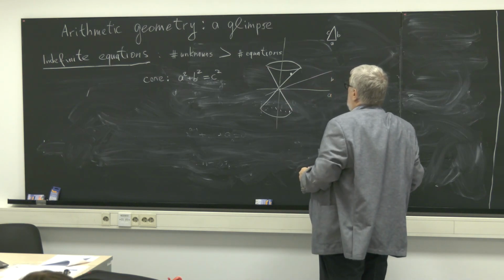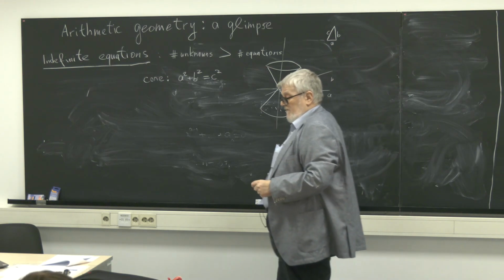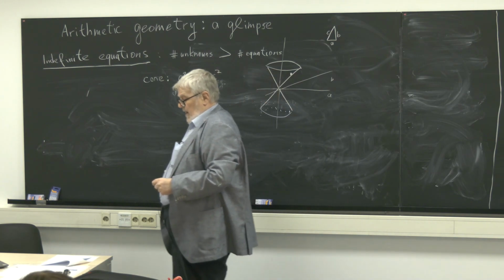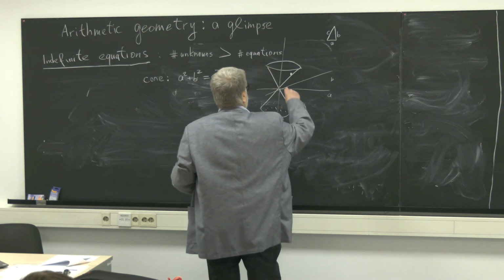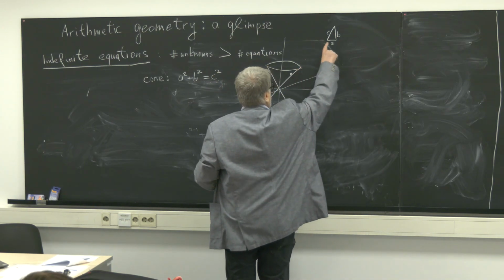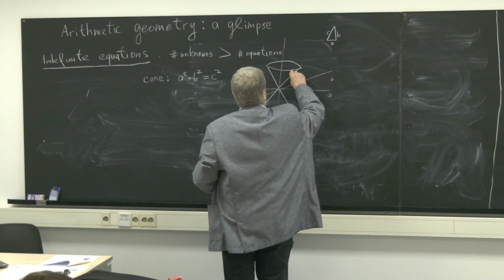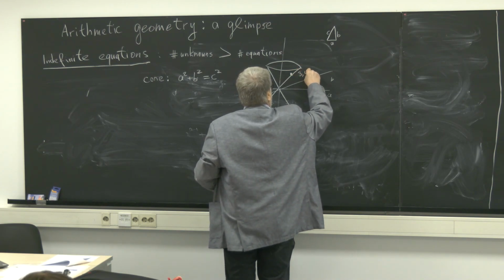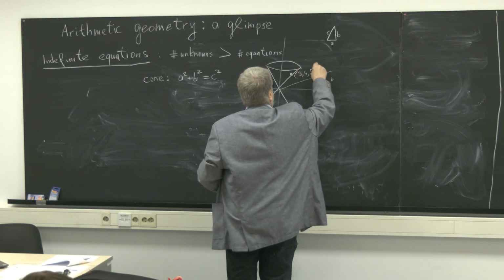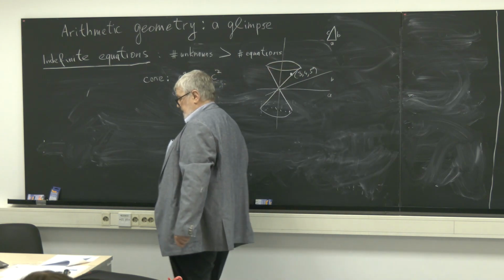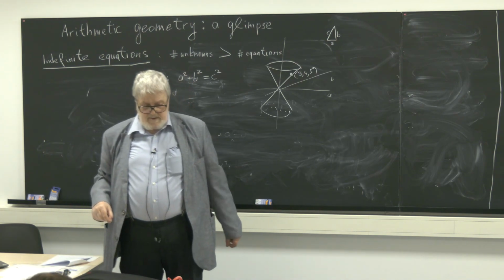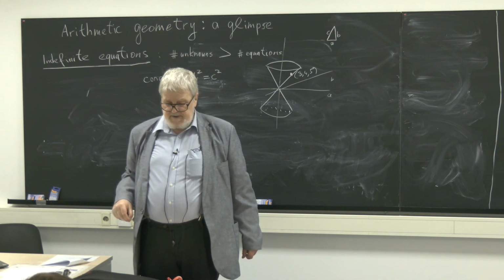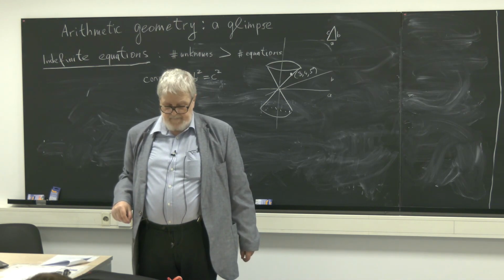And starting from very old times, people were interested in the integral solutions of it, that is, in the integral points. For instance, knowing this point, sometimes called the Egyptian triangle.